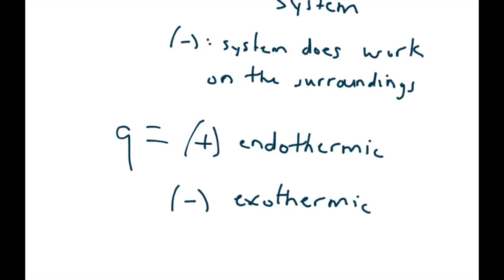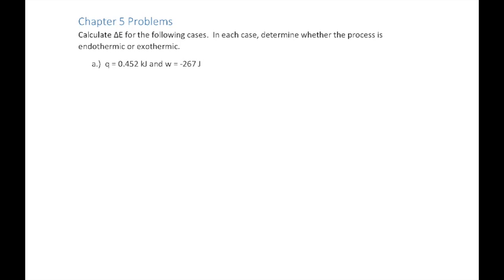Okay, so the first problem that we will see will be coming up here. This is our first problem for this section, and it is: calculate delta E for the following cases. In each case, determine whether the process is endothermic or exothermic. So for this first one, it's kind of a nice warm-up.